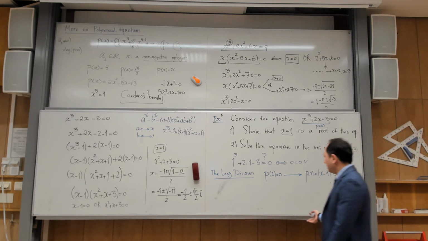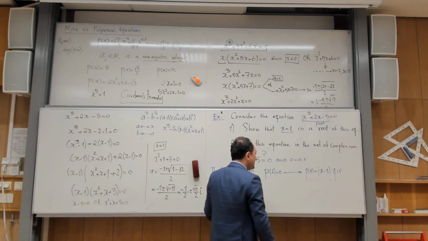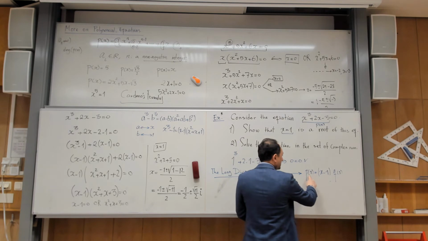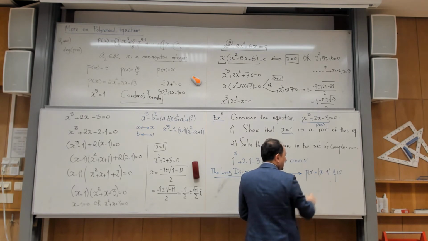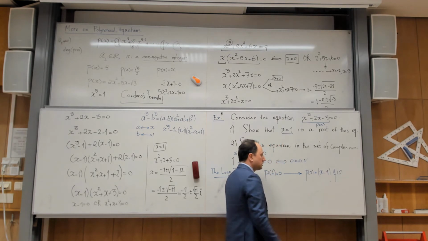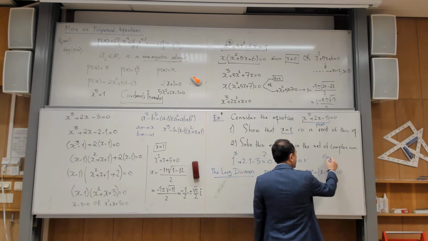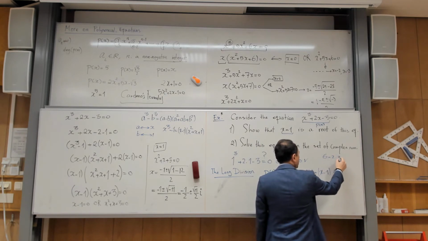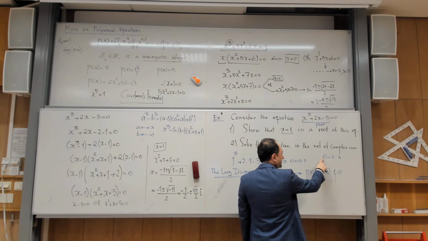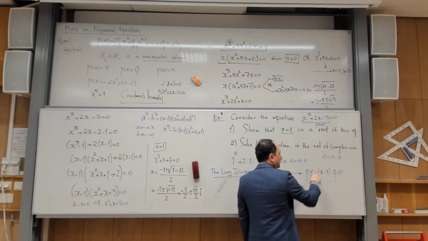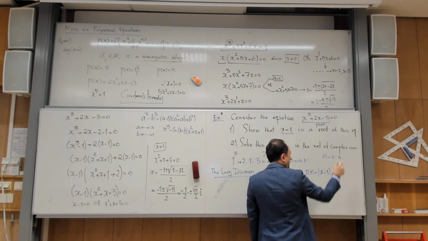Now, this means that p of x is divisible by x minus 1. Do you remember when you write 6 equals 2 times 3, you can say that 6 is divisible by 2, and 6 is divisible by 3.